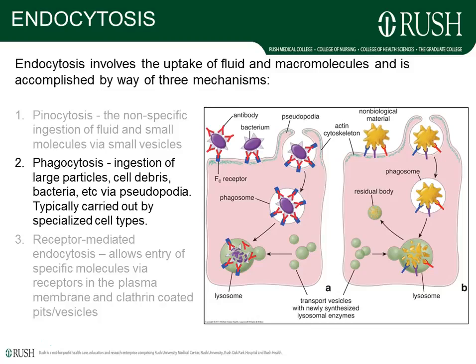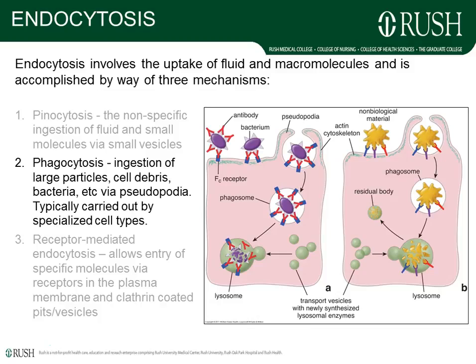The second process is phagocytosis. Phagocytosis is the ingestion of large particles or cellular debris or even microorganisms like bacteria or virions via something called pseudopodia. So pseudopodia are false feet, or kind of like arms of cytoplasm that the cell reaches out to engulf particles or large things like bacteria.